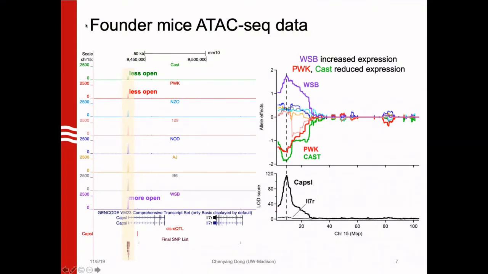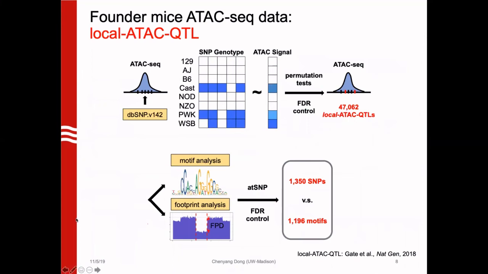So what drives the differential signal of the ATAC peak? We would like to find the SNPs covered by those ATAC peaks. Maybe those SNPs affect motifs and change TF binding, and therefore affect the chromatin accessibility.